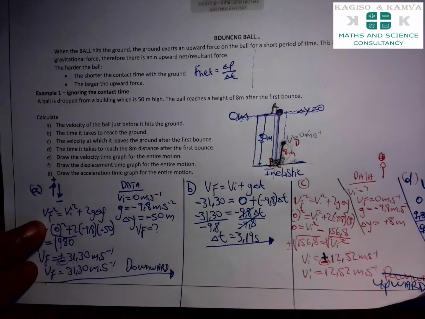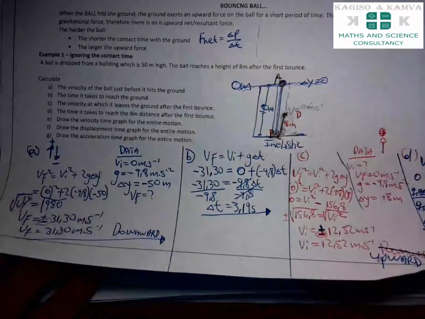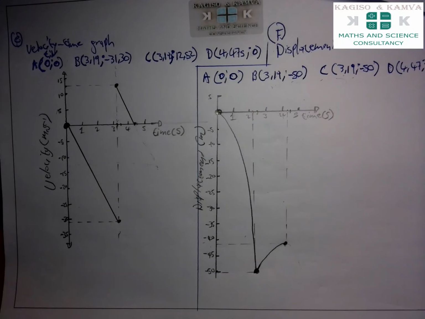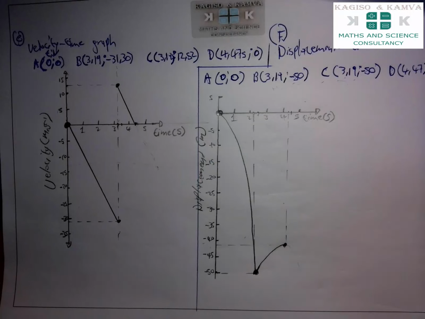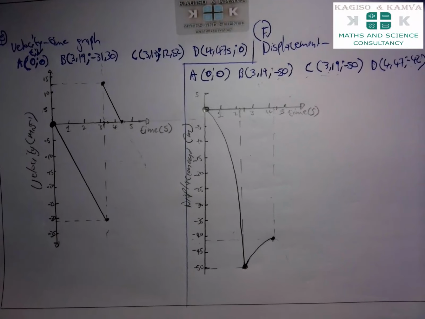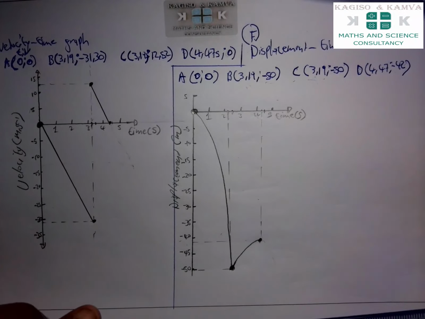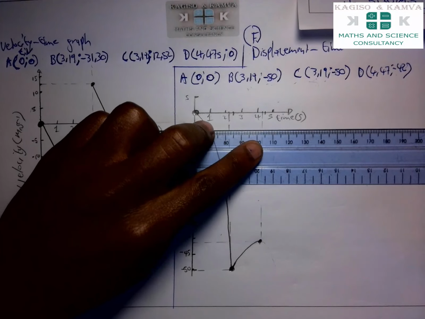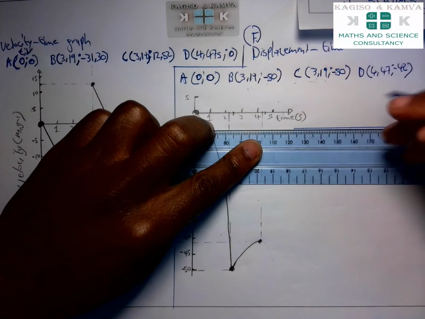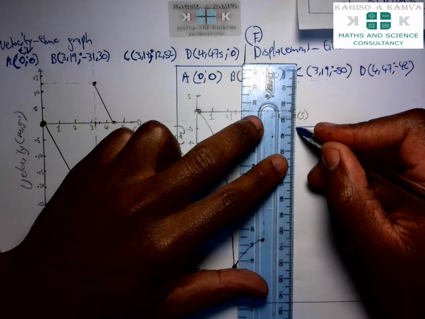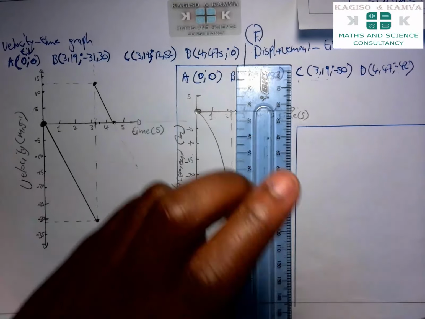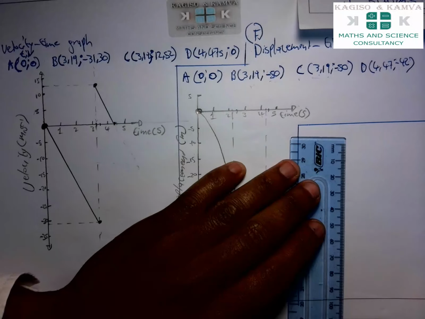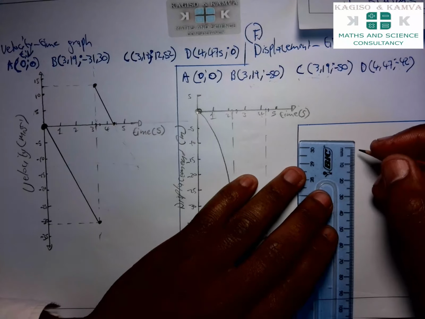Now with G, what do we have with G? Okay, I'm going to cut this page like this, and we're going to write G here. Okay, now with G, we're just going to have the times.